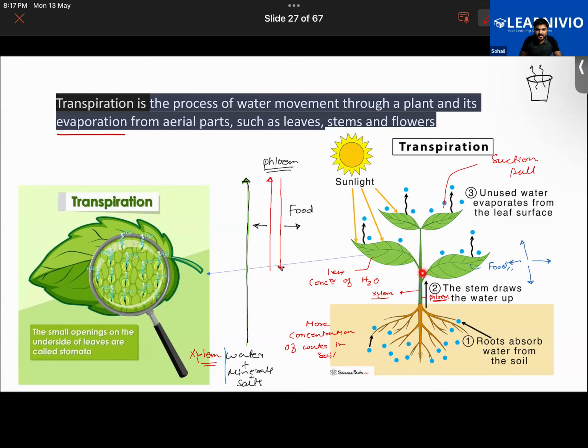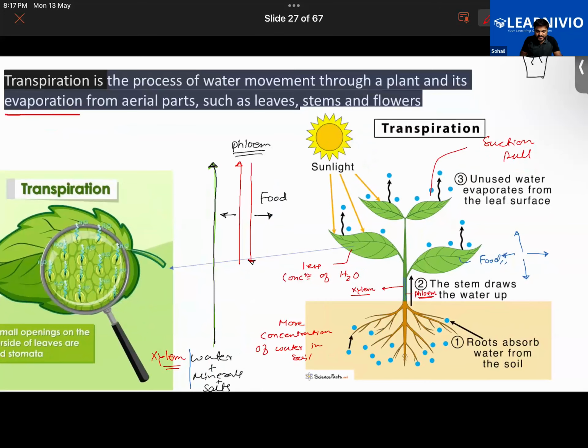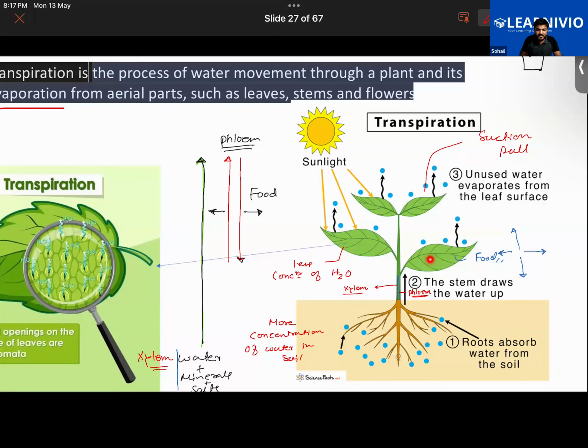Okay. While the food that is prepared in the leaves will be required everywhere. Roots also require energy. Even the leaves, the branches, the flowers, the buds, everything in the plant requires food. So food will be traveling everywhere.